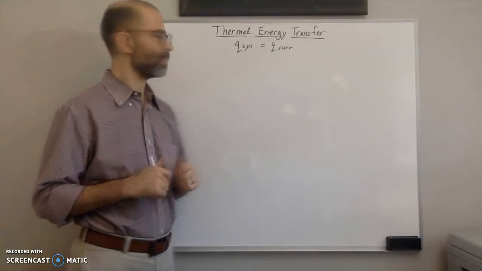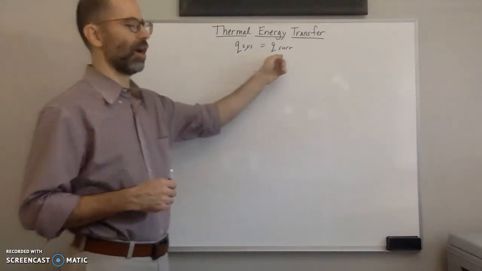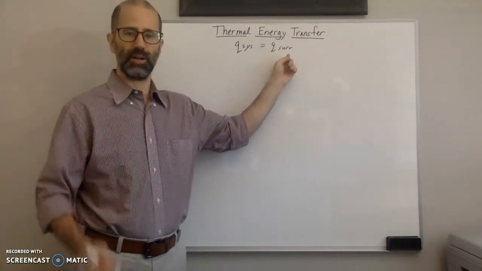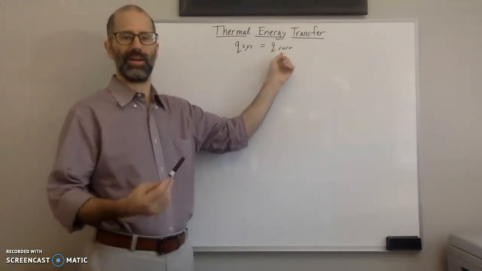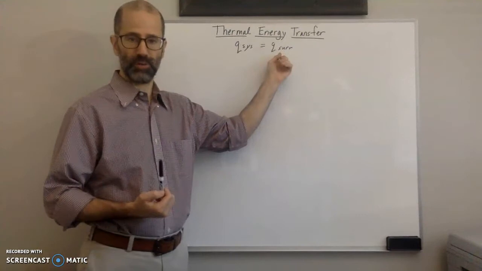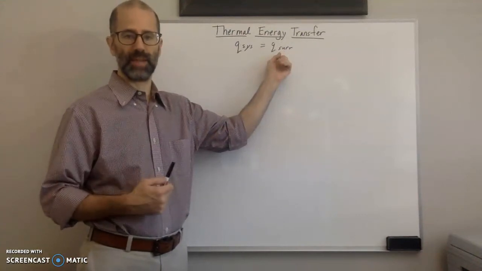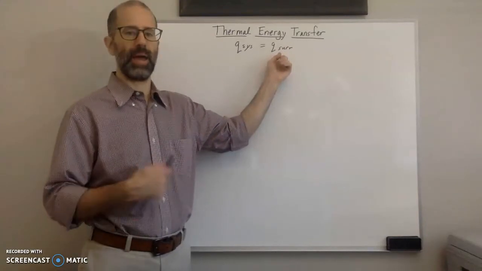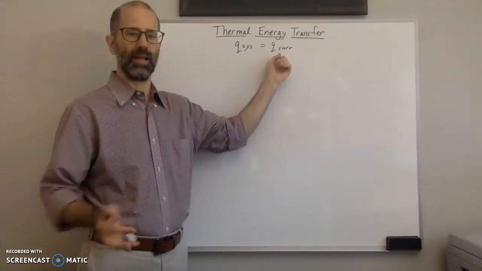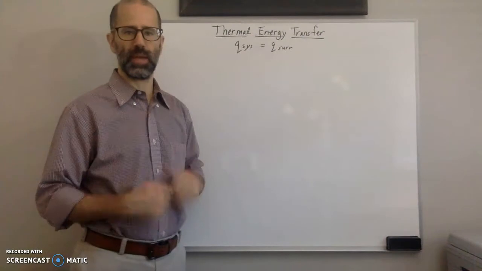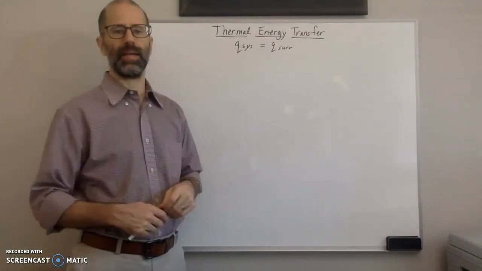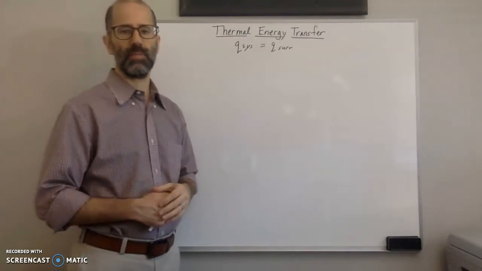The surroundings would be the water in the beaker, or the beaker itself, if you're told the specific heat capacity of the glass and the mass of the beaker. But a lot of times you're going to ignore the beaker. To make it simple, the water is the surroundings, and the block of metal is the system.